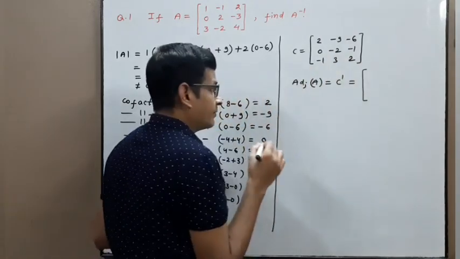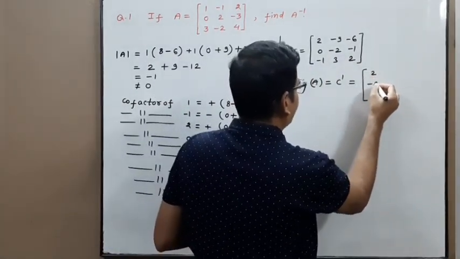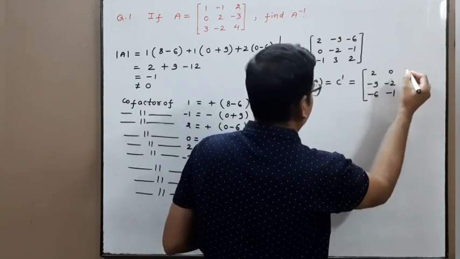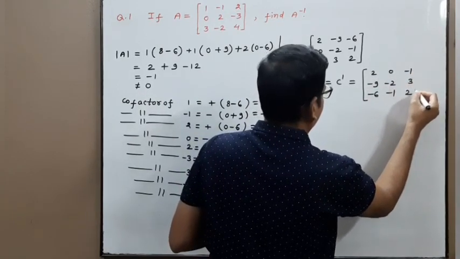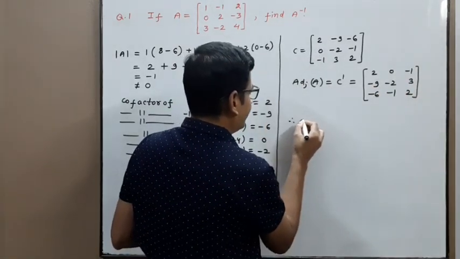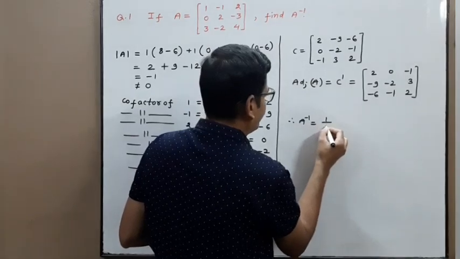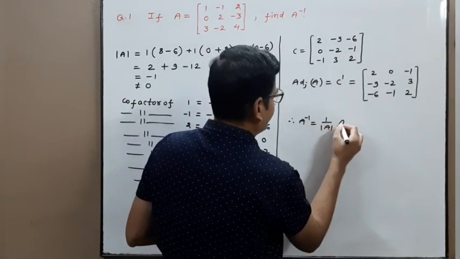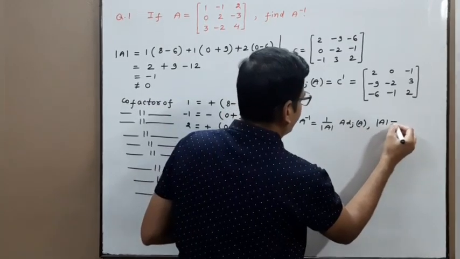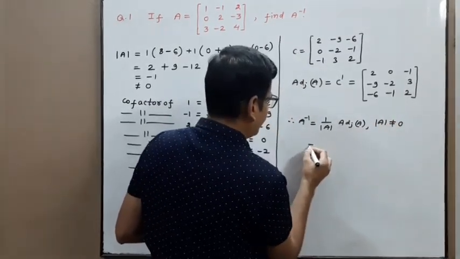So write transpose of this: 2 minus 9 minus 6, 0 minus 2 minus 1, minus 1 3 2. Now write A inverse. Therefore A inverse is equal to 1 upon determinant A into adjoint A, where determinant A is not equal to 0.